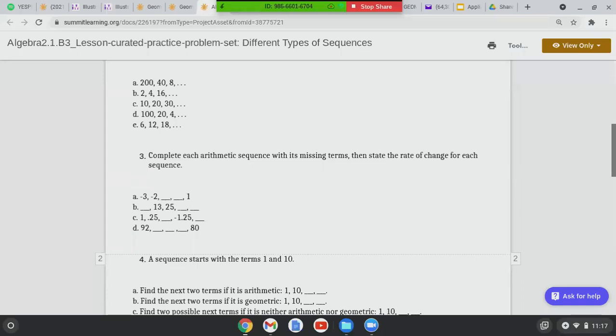So now, as you move to the right, what comes after 25? 37 and 49. Okay, so you were adding when you moved from 25 to the right. What are you going to do for 13 because you're going backwards?